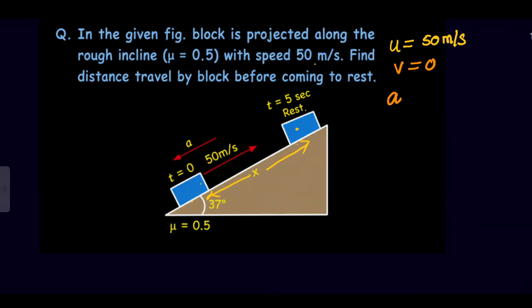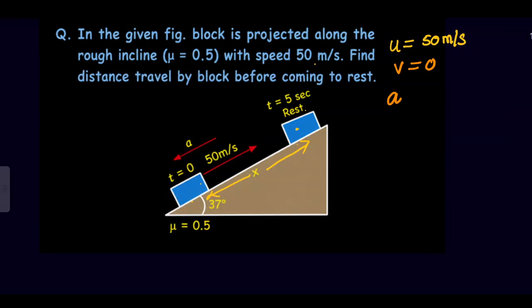Acceleration. How is the body moving? The minus sign indicates the opposite direction. The minus sign indicates the body is moving in the upward direction, but the acceleration is in the downward direction. If I throw a body upward, what direction is gravity? The body velocity is in which direction?